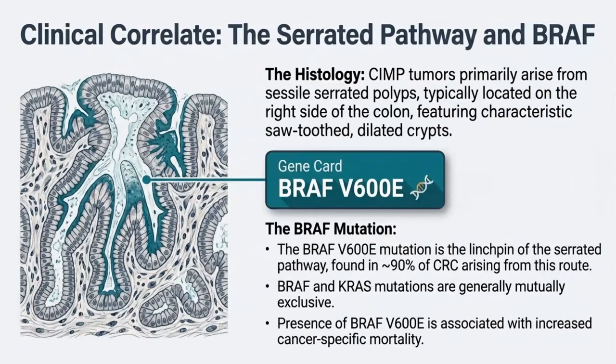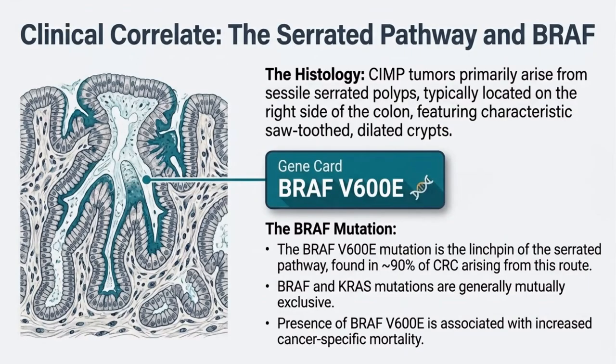So CIMP tumors primarily arise from sessile serrated polyps, and that is why this is also known as the serrated pathway, typically located on the right side of the colon. The feature that is characteristic of this disease is a saw-toothed dilated crypt. The genetic mutation that is very important here is the BRAF V600E mutation.